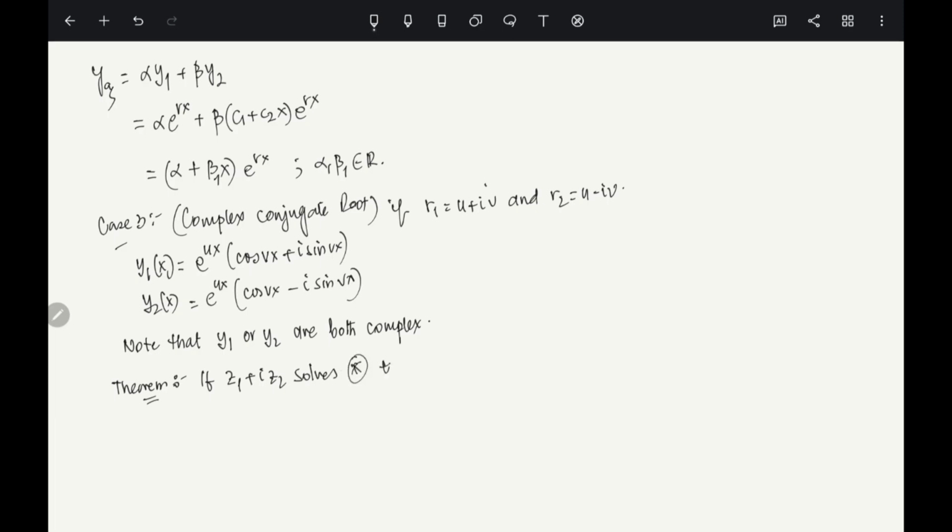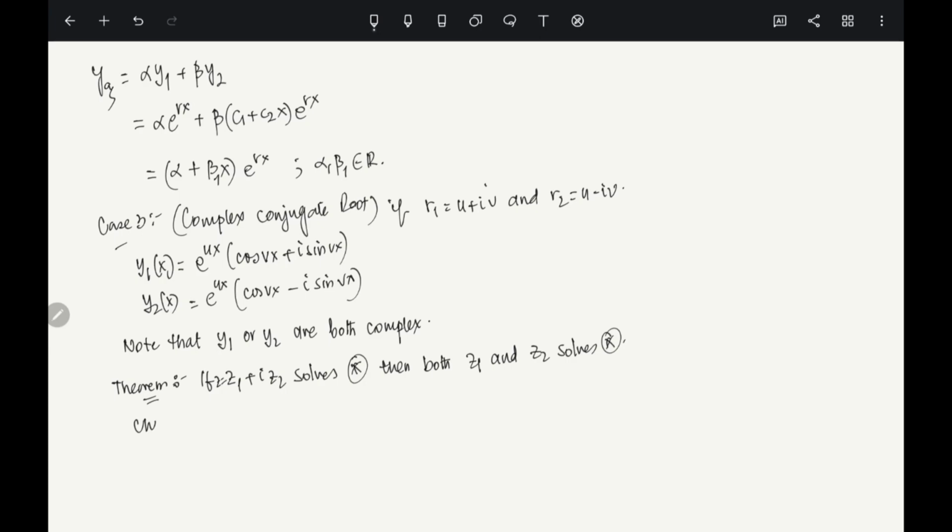Then both z1 and z2 solve star. So z1 and z2 are real functions, and z equals z1 plus i z2 solves the equation, then individually z1 and z2, those real functions, solve star. So how do you prove it? Very easy.